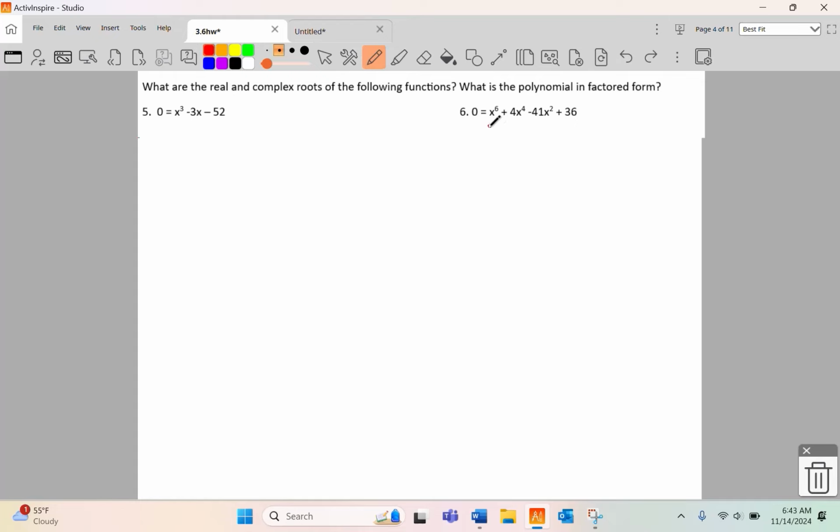All right, so here's my Q. Here's my P. We're going to mind our P's and Q's. We make our little list about P over Q. We'd have plus or minus 1, plus or minus 2, plus or minus 3, plus or minus 4, plus or minus 6, plus or minus 9, plus or minus 12, and then plus or minus 18, and then plus or minus 36.